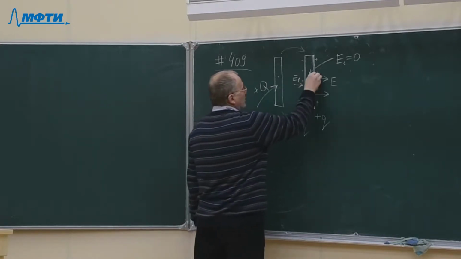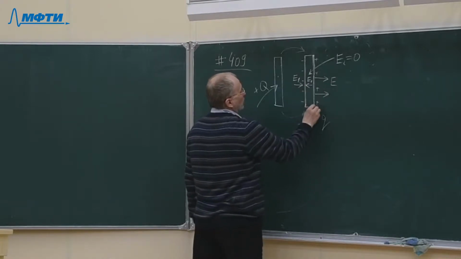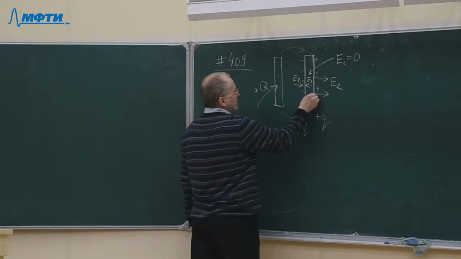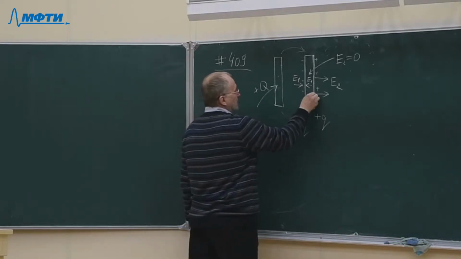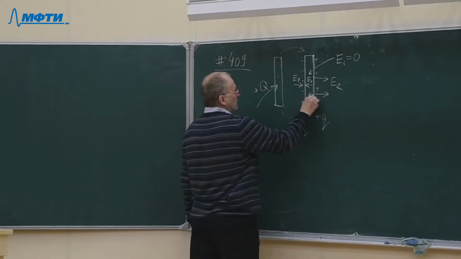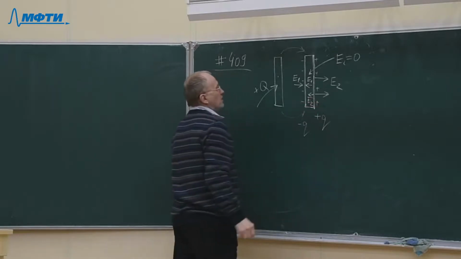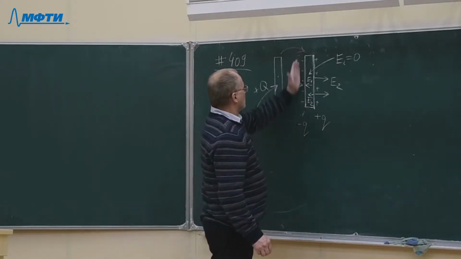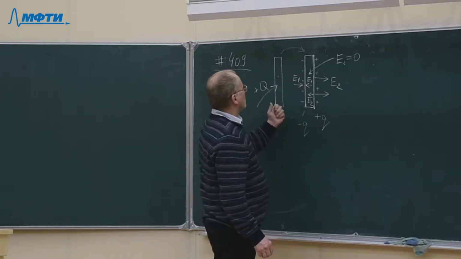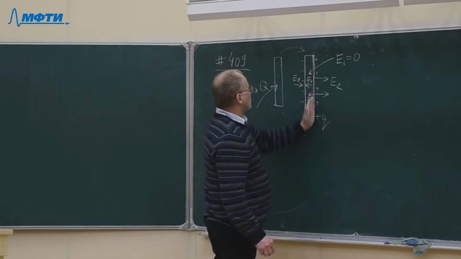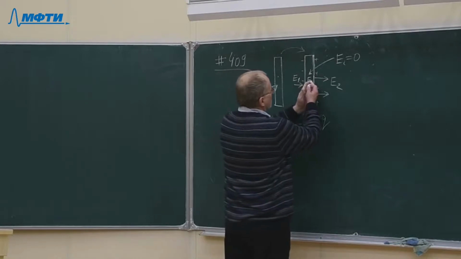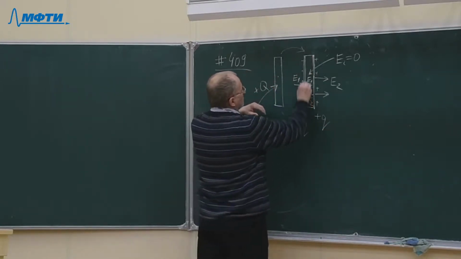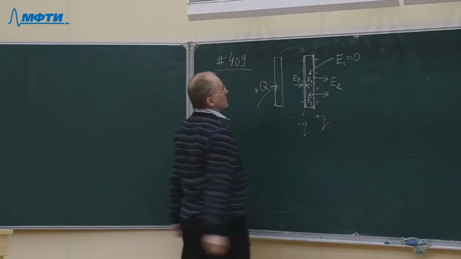And the field generated by this charge on the opposite surface will be E2, and inside it will be directed away from the positive surface, E2 inside. So each surface charge will produce some electric field. The positive charge will produce electric field directed outside the charges, and the negative charge will produce the electric field directed towards this negative charge.